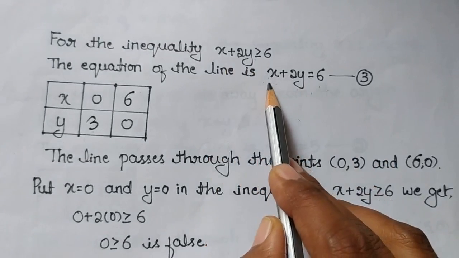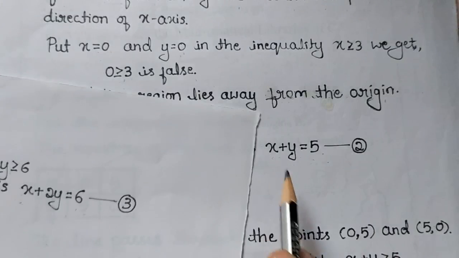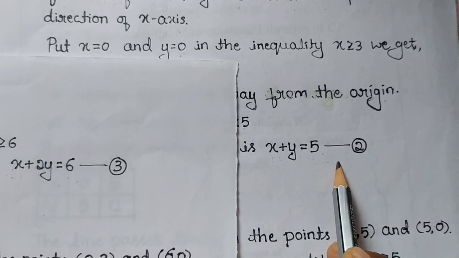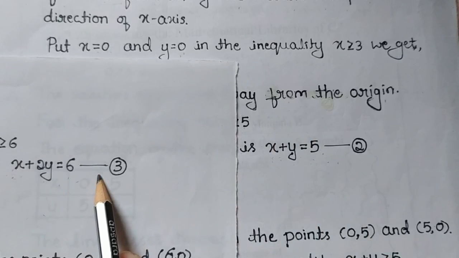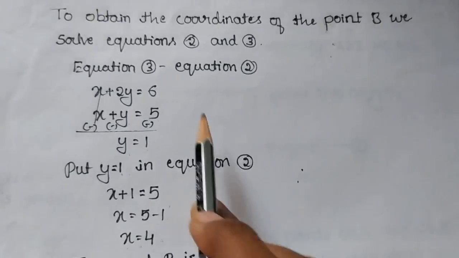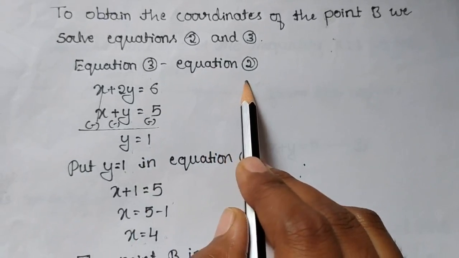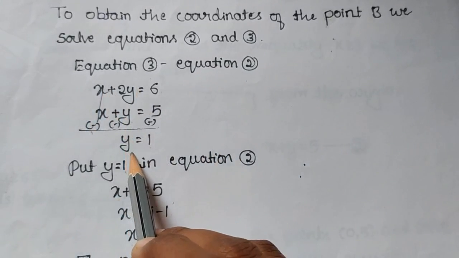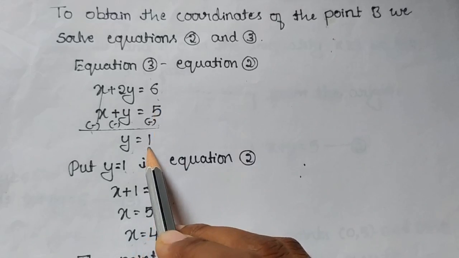The coefficients of x are equal in both of the equations. So I'll subtract equation 2 from equation 3 so that we can cancel x terms and determine the value of y. Equation 3 minus equation 2. X gets cancelled. 2y minus y is y. 6 minus 5 is 1.